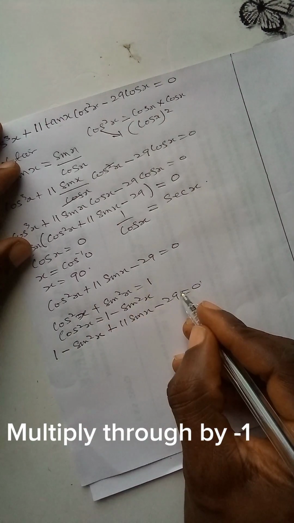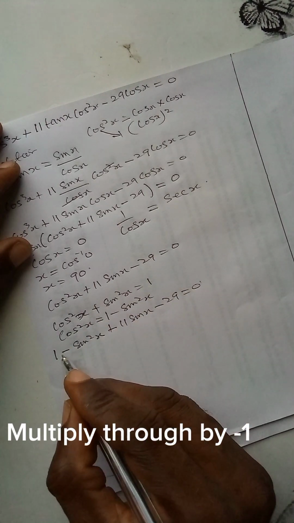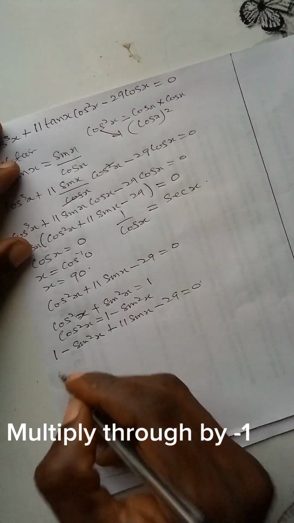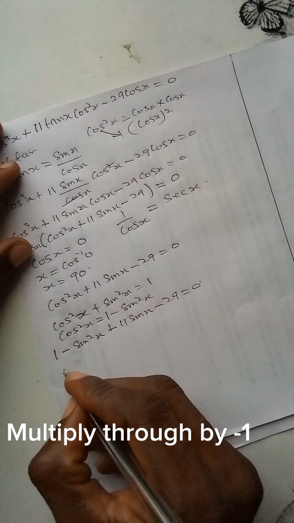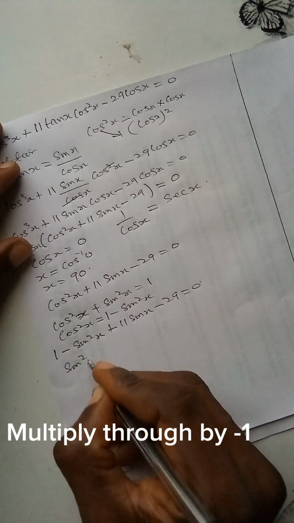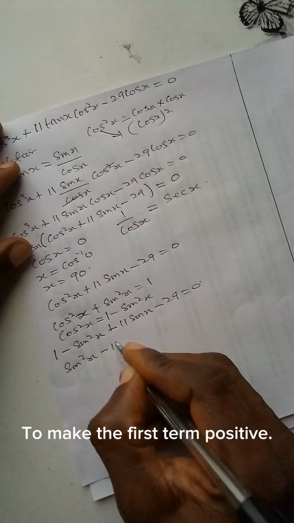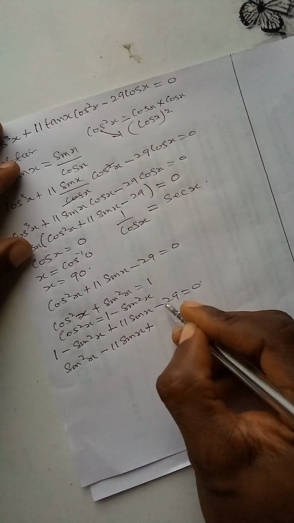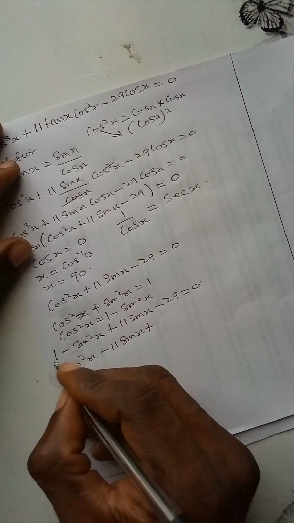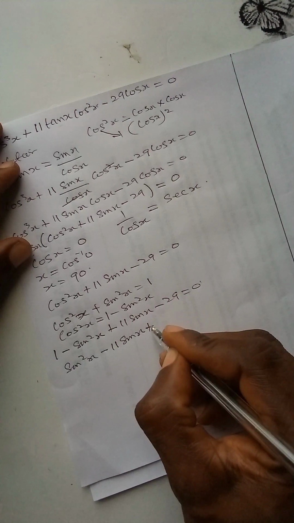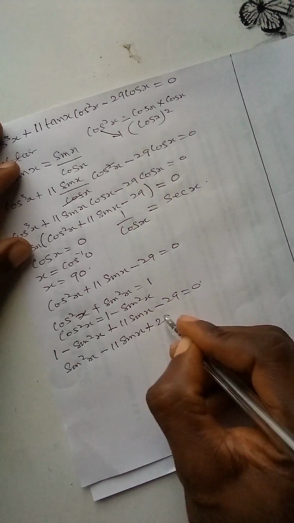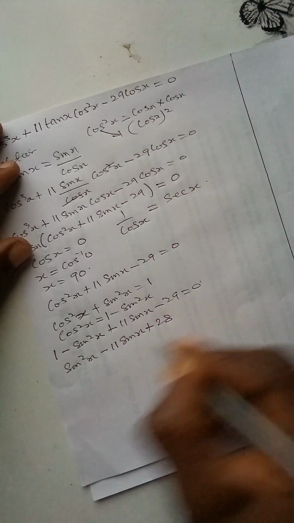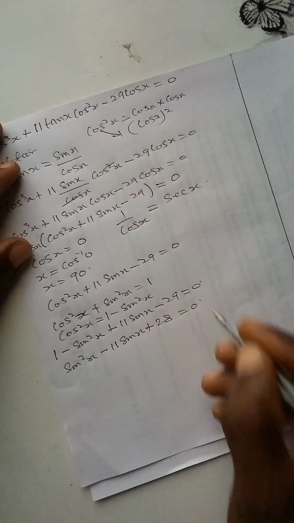Now I'll move this one here and then multiply through by minus 1. If I move this one here, it becomes sine squared x minus 11 sine x plus minus 29 plus 1 is minus 28. So I have plus 28, because I am multiplying through by minus 1, is equal to 0.